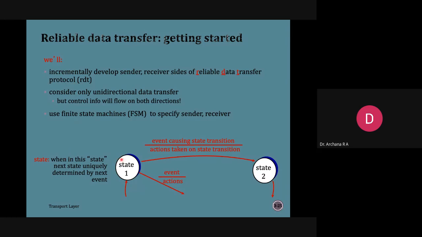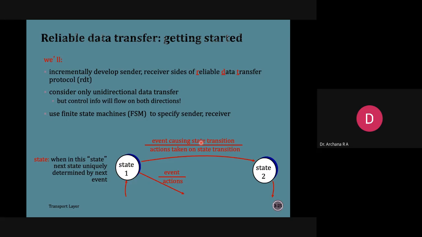When in a state, the next state is uniquely determined by the next event. Depending upon the event that occurs, it will move to one state or another, depending on the action that takes place. Here you can see a horizontal red line.